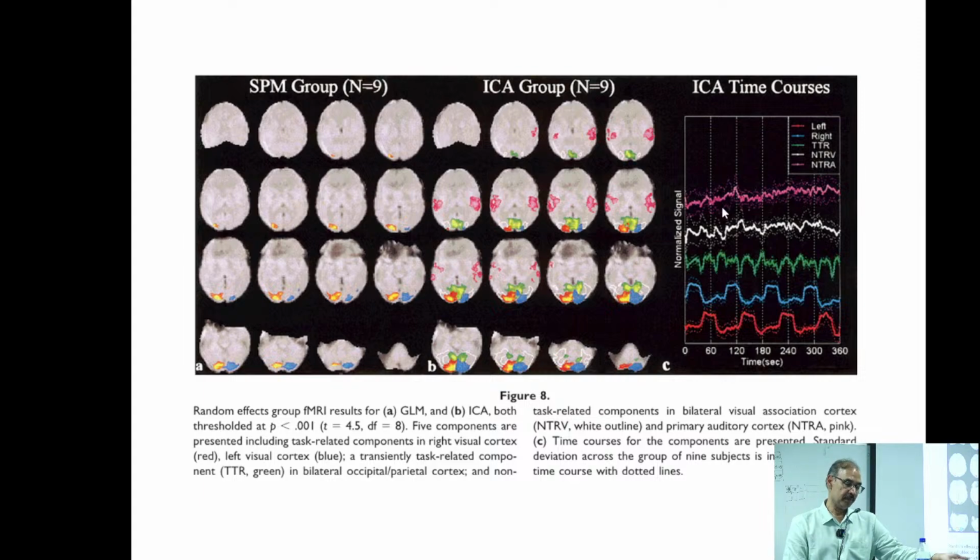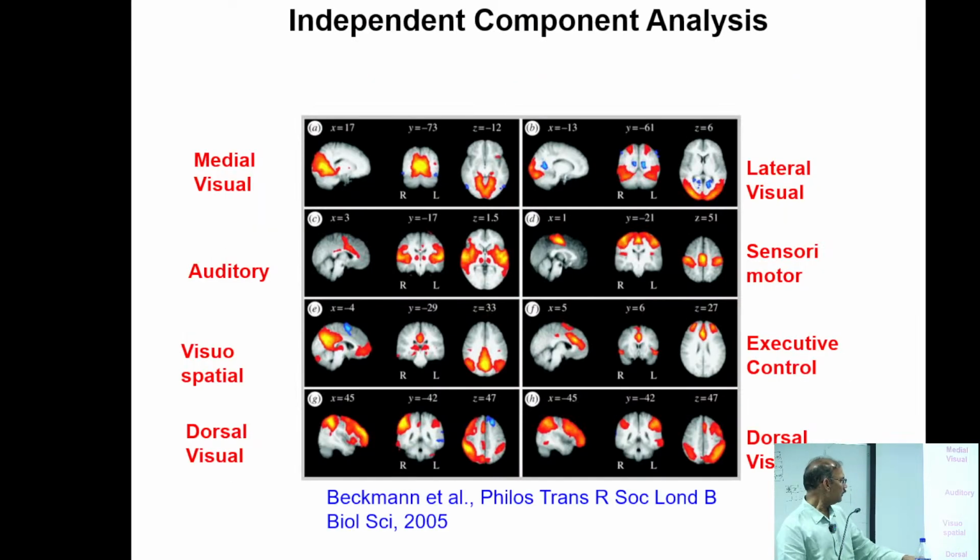So this was a paper by Vince Calhoun. This is the paper by Christian Beckmann. And what they did was, you have resting state data, and people would take data 1, data 2, data 3 and do ICA.